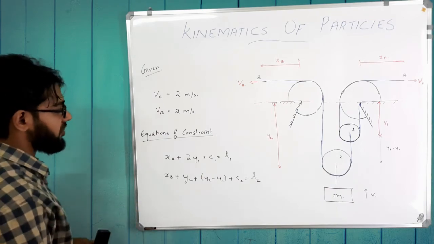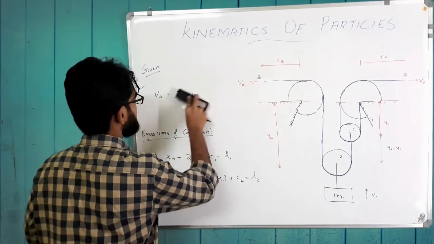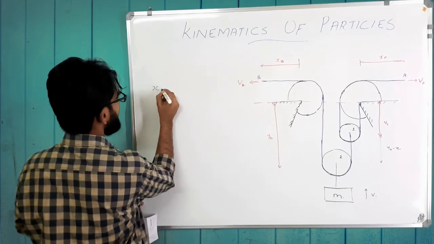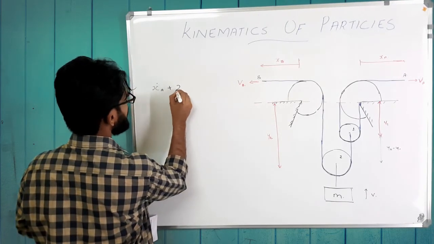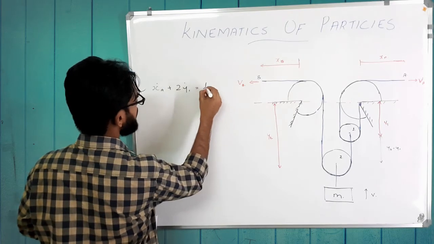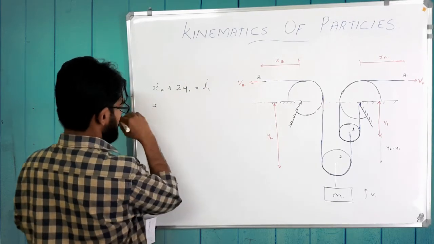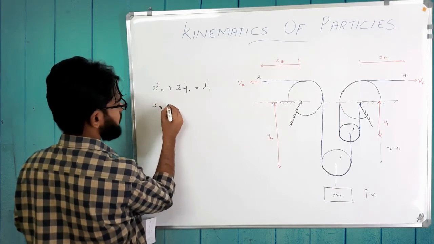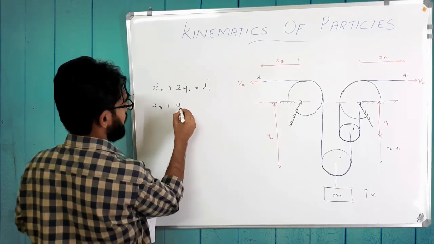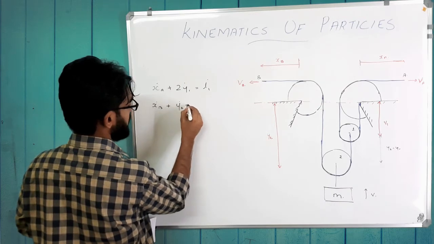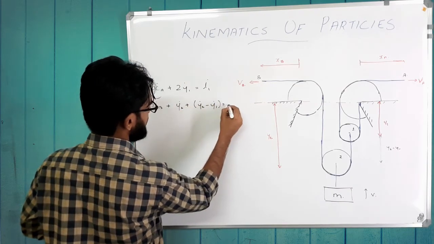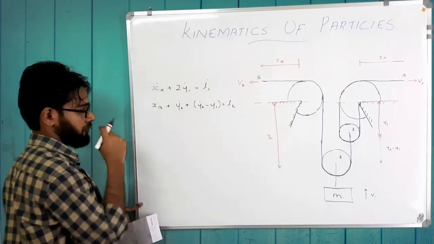Now let us differentiate both. You will get XA dot plus 2Y1 dot is equal to L1 dot. And XB dot plus Y2 dot plus Y2 dot minus Y1 dot is equal to L2 dot.